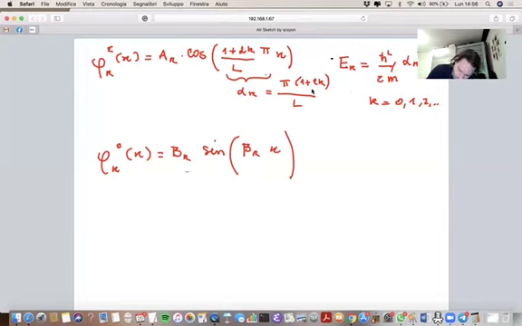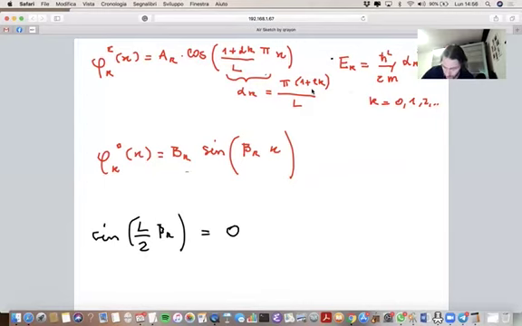And now the condition that led to determining what beta is was the fact that sine of L half beta k must be 0, which now implies that beta k is equal to k pi divided by L with k equal 1, 2, 3, right?